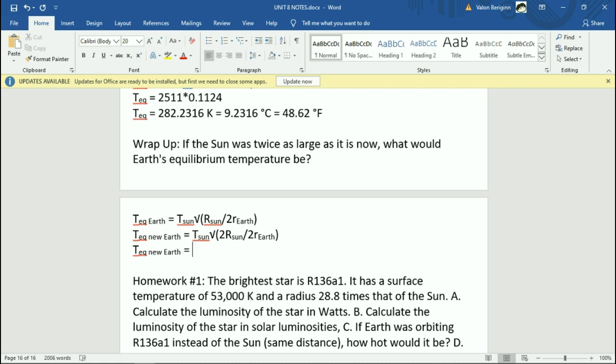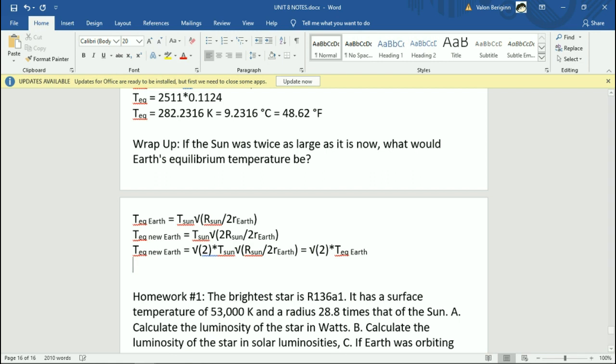So I have to take the square root with it, so square root of 2. But since I've taken the 2 out, it's just times everything else. But this here just equals T_EQ Earth, right? I've just factored out the 2 from within the square root, and all the rest of the numbers are still the same as before.